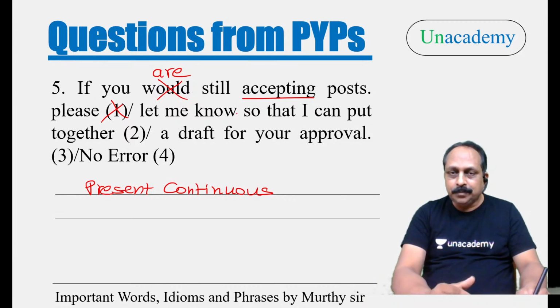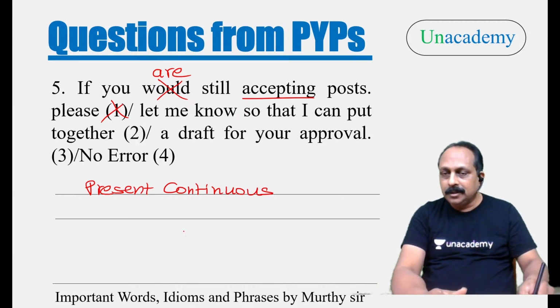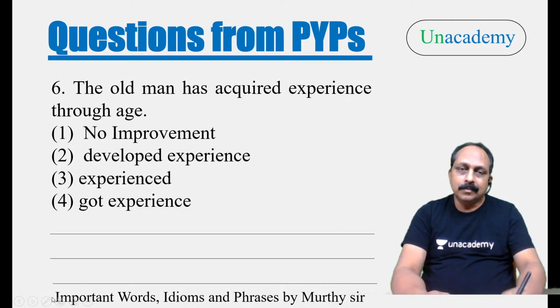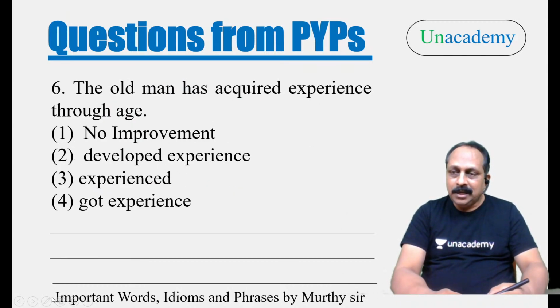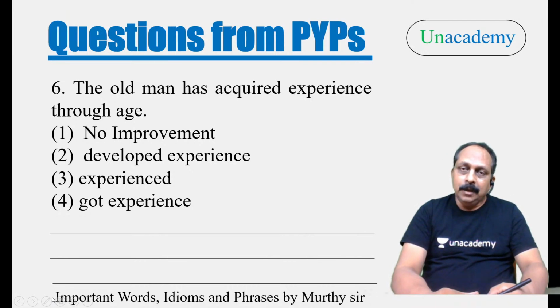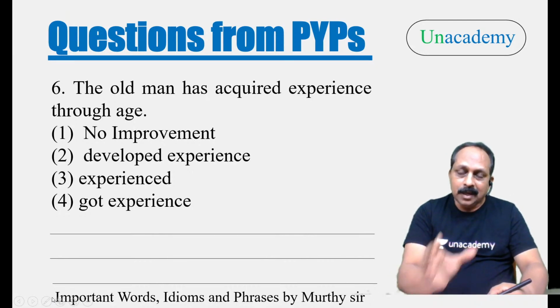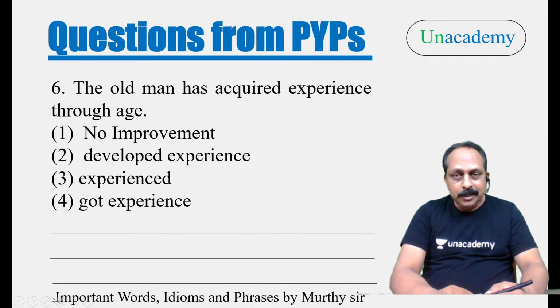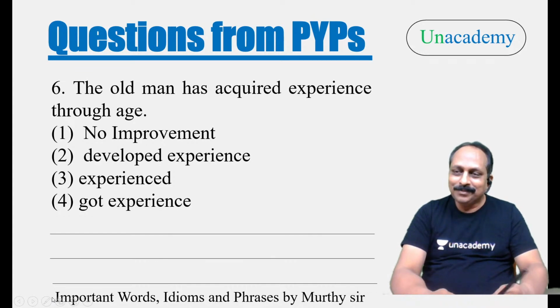So, contextually speaking, it should be in present continuous. We can also use if you are ready to accept, another pattern. If you are ready to accept, I'm ready to give. That's another pattern. That's good.